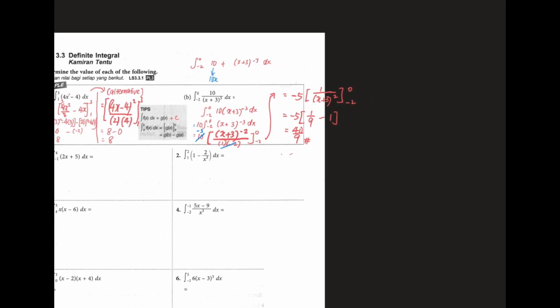Just now, before these two examples, we learned integration without limit. So let's say I give you the simple one. Let's say I integrate 4x minus 4 again. I purposely choose 4x minus 4 because it's the same as the example here.